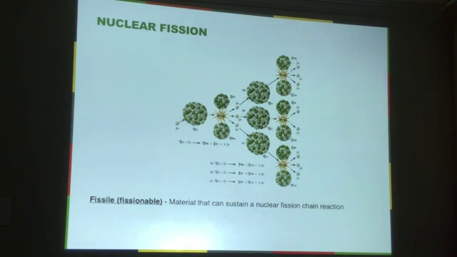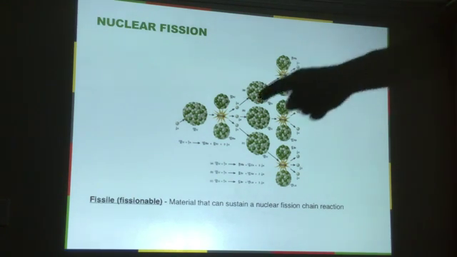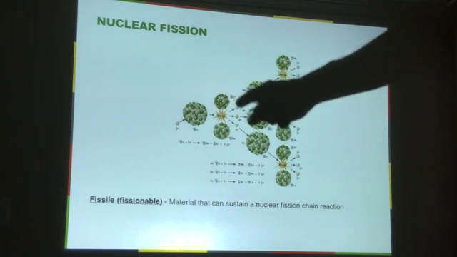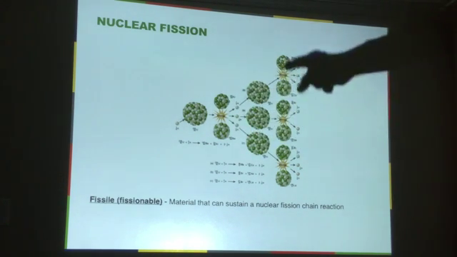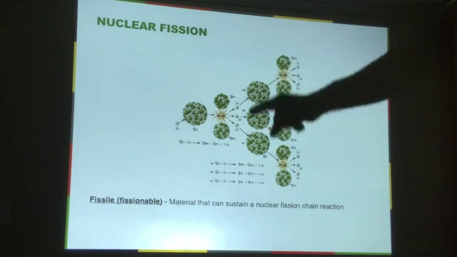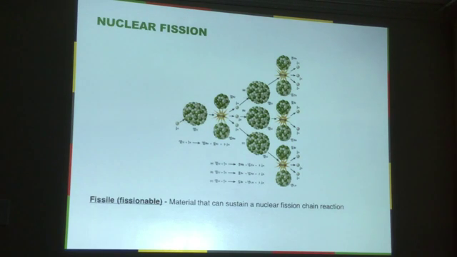Now, a material that can not only perform one fission reaction, but can produce neutrons that will subsequently produce more fission products is called fissile or fissionable material.